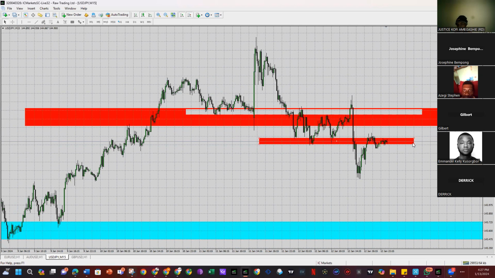What is supposed to happen is this thing should just touch here and start dropping. But because there is this big candle here, this thing will violate the rule. Otherwise, it should just trade like this. But because of this big candle, I am 100% sure that this thing will move to this place.